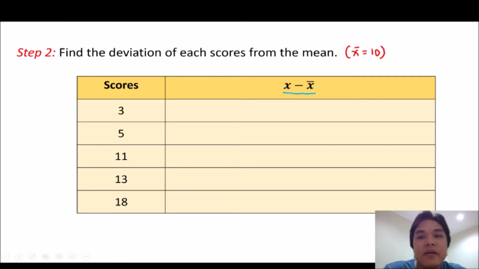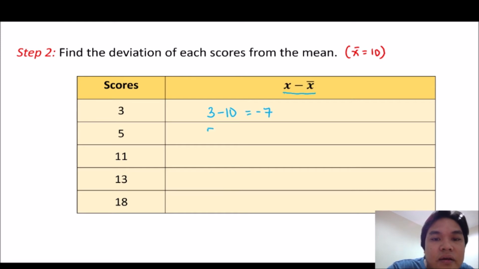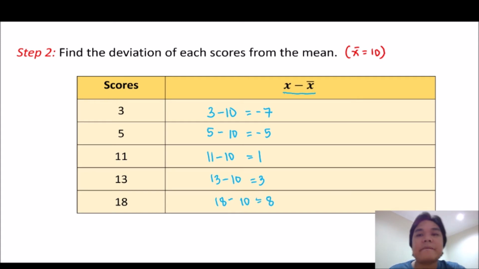So 3 minus 10 is negative 7, 5 minus 10 is negative 5, 11 minus 10 is 1, 13 minus 10 is 3, and 18 minus 10 is 8. So these are all the deviations.